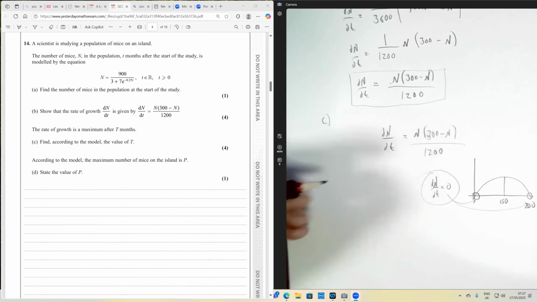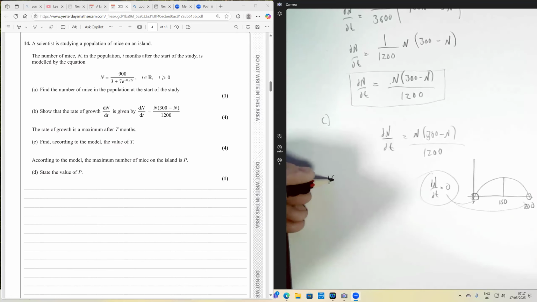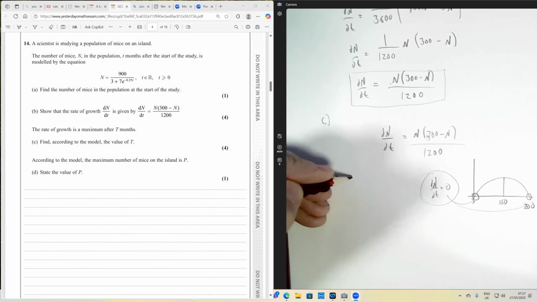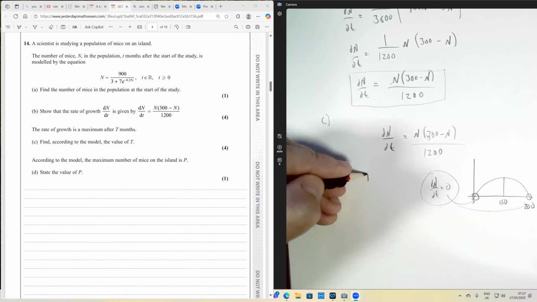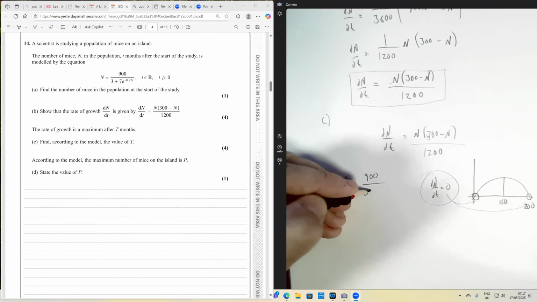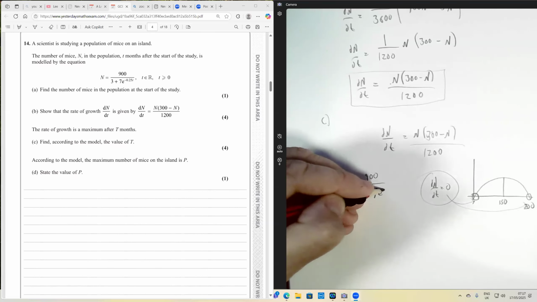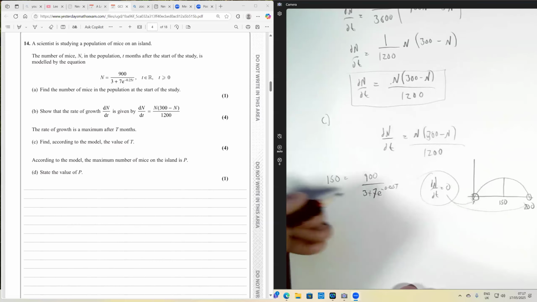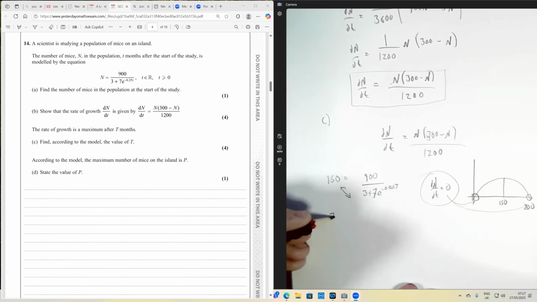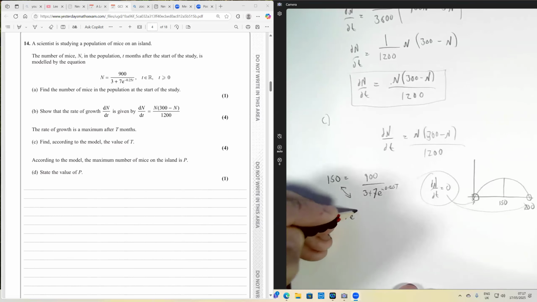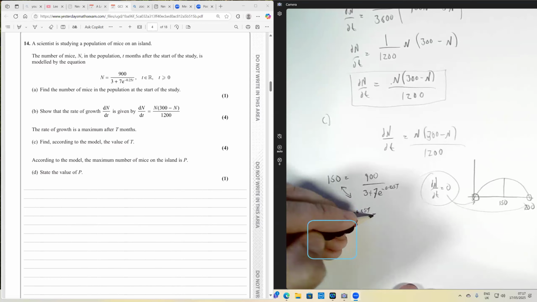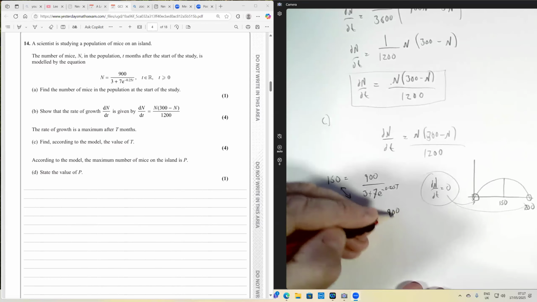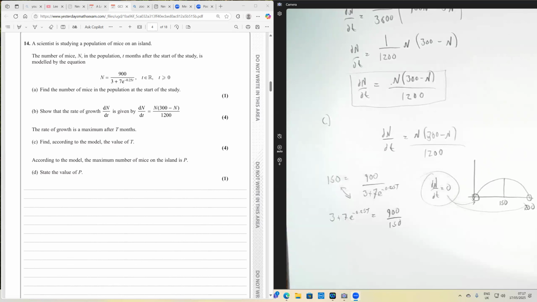Okay, so let's have a look. We're saying dn by dt is a maximum of 150, and that is equal to 900 over 3 add 7e to the minus 0.25t. So we're just going to solve that now for t. Swap those over, so we have 3 add 7e to the minus 0.25t is equal to 900 divided by 150, and 900 divided by 150 is 6.